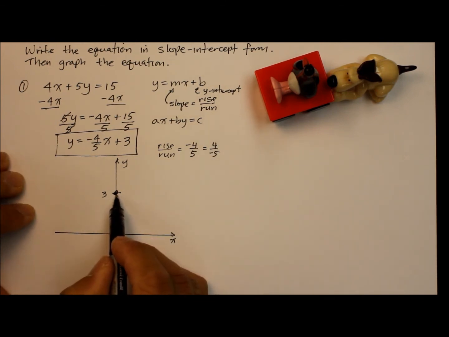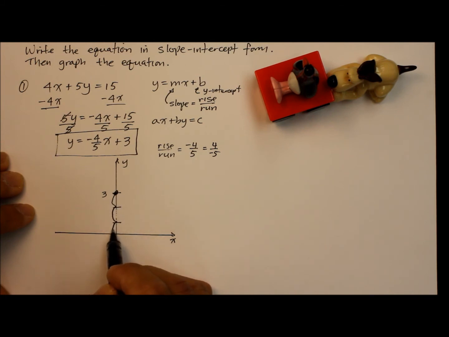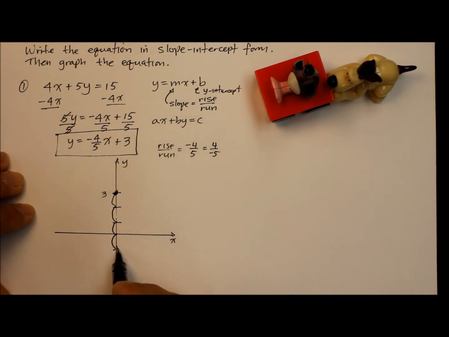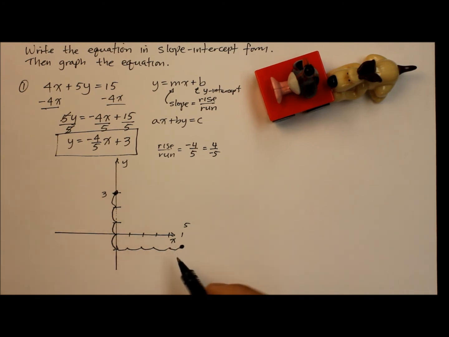So from here you go 1, 2, 3, 4, negative 4. And then run 5. 1, 2, 3, 4, 5. There it is. And that's the second point.